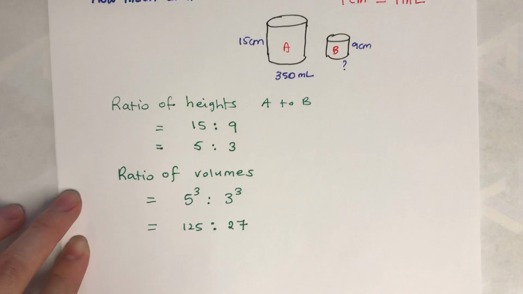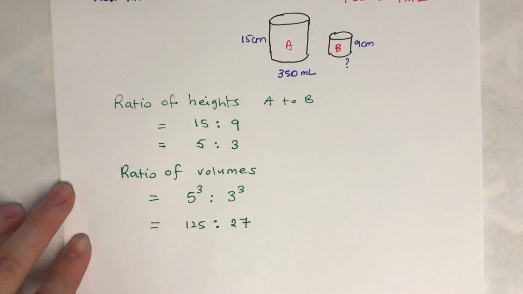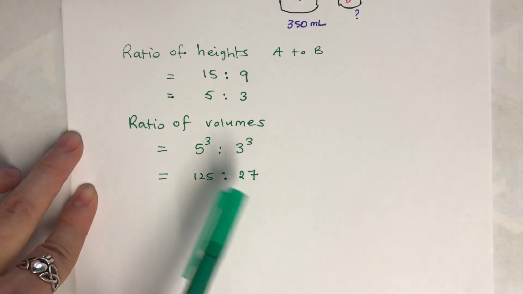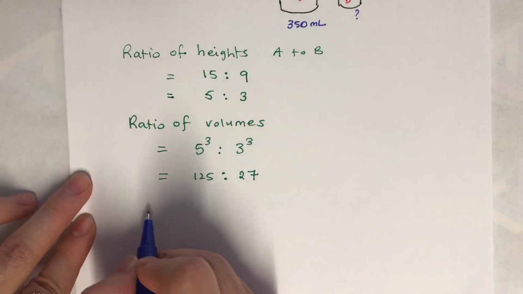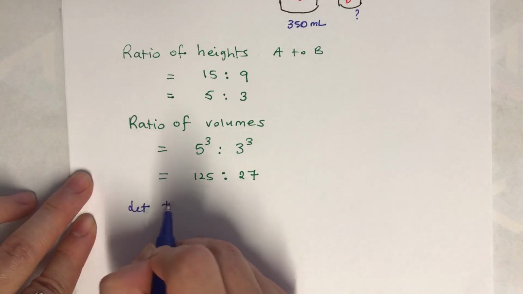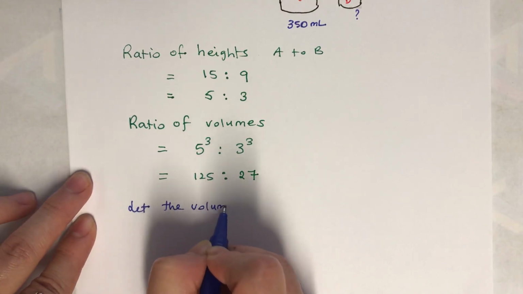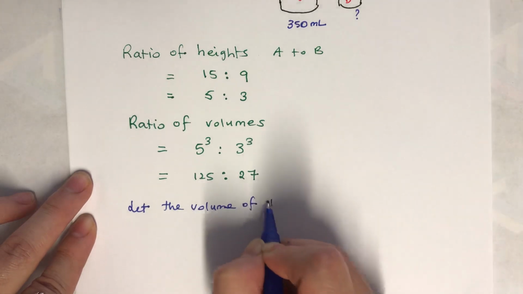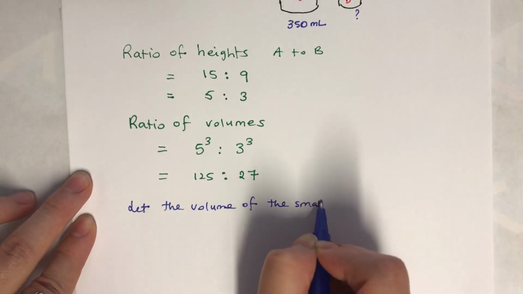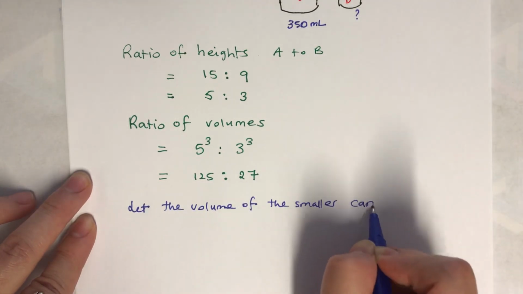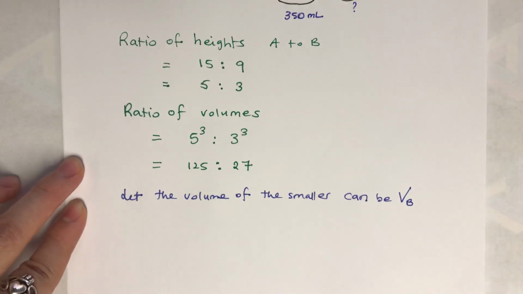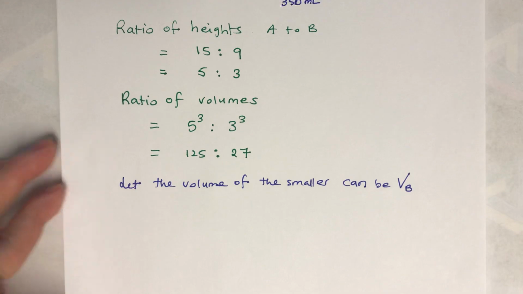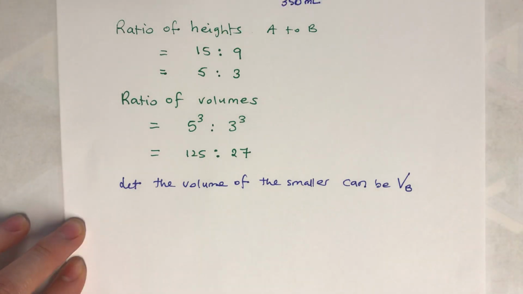Then we need to find the volume of the smaller one using this ratio, so let the volume of the smaller can be VB.